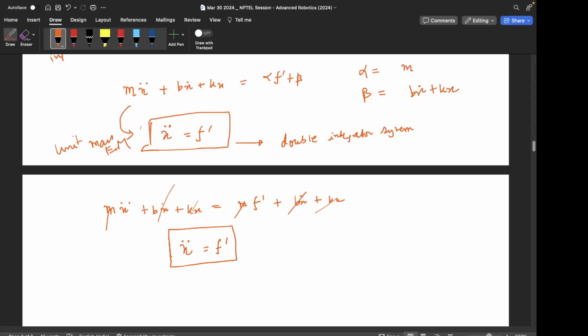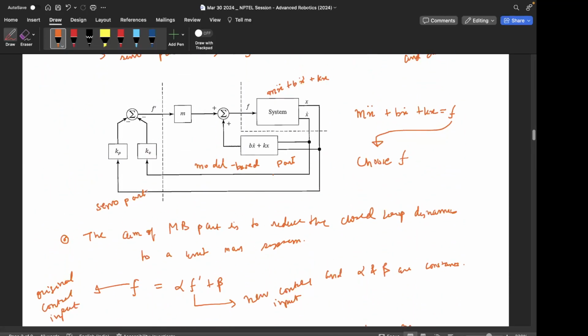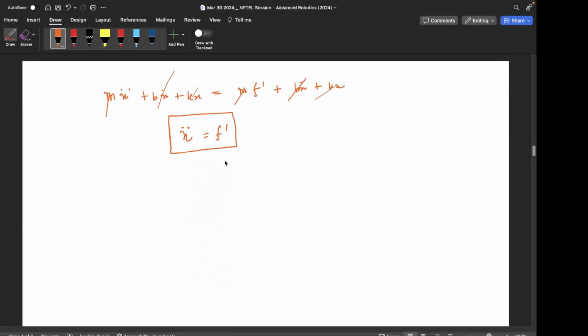So now after closing this loop, there are two loops here, you see, the input to this loop is f dash, right? And the good thing is that now choosing f dash is very intuitive and very easy, because the system that we have to control now is just x double dot is equal to f dash and not the full mx double dot plus bx dot plus kx is equal to f.